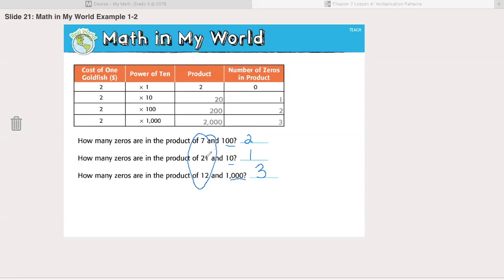If I multiply a factor times 10, and 10 only has 1 zero, my product will only have 1 zero. If I multiply a factor that does not itself have a zero by 1,000, the 3 zeros in 1,000 will be the 3 zeros in my product.